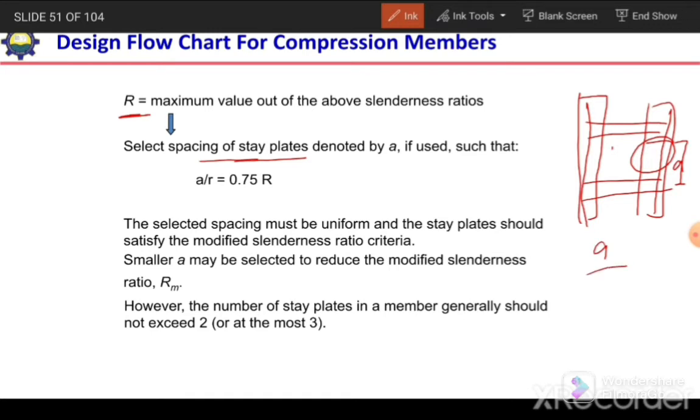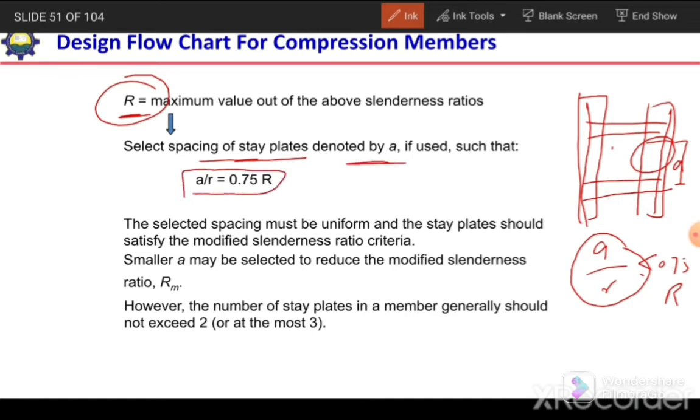So a over r minimum of this section, whether X, Y or Z, whatsoever is the minimum, will give us a slenderness ratio, and this slenderness ratio should be less than or equal to 0.75 times the governing slenderness ratio, KL over r. So we need to design the spacing a in such a way that we can satisfy this expression.